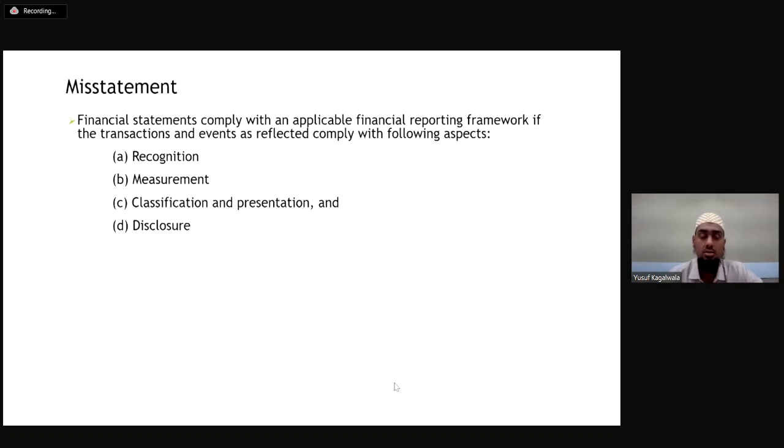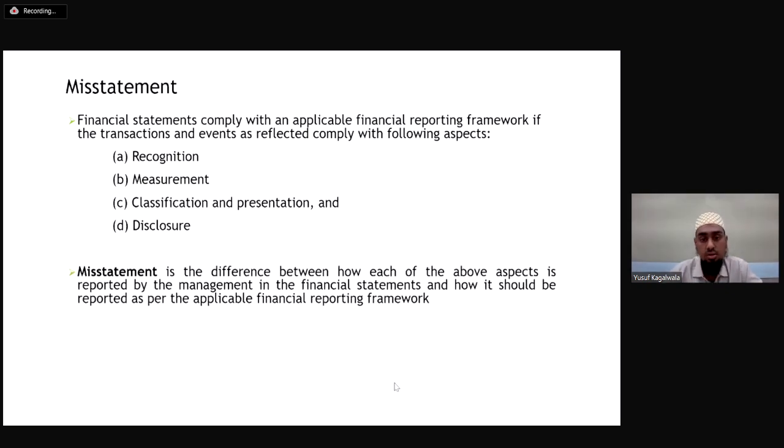That is the recognition criteria, measurement criteria, classification, and presentation and disclosure. Most of these things come from your accounting standards, and certain things come from Schedule 3 or other regulations which are applicable to the entity. We give an unmodified opinion when the applicable financial reporting framework is complied with.